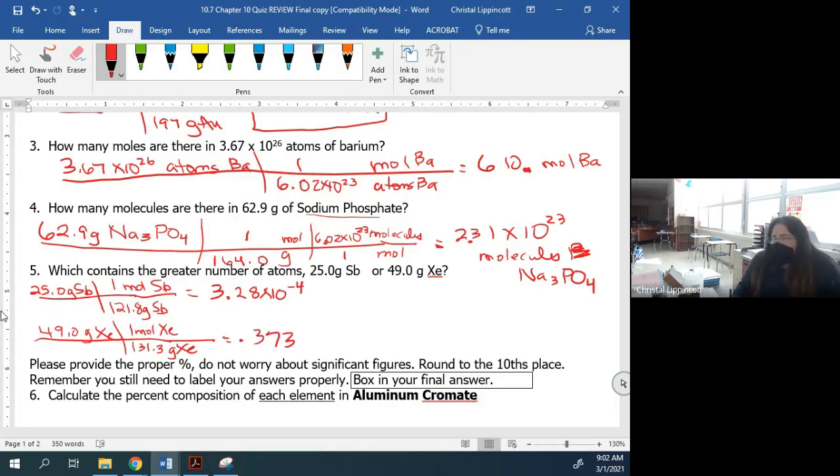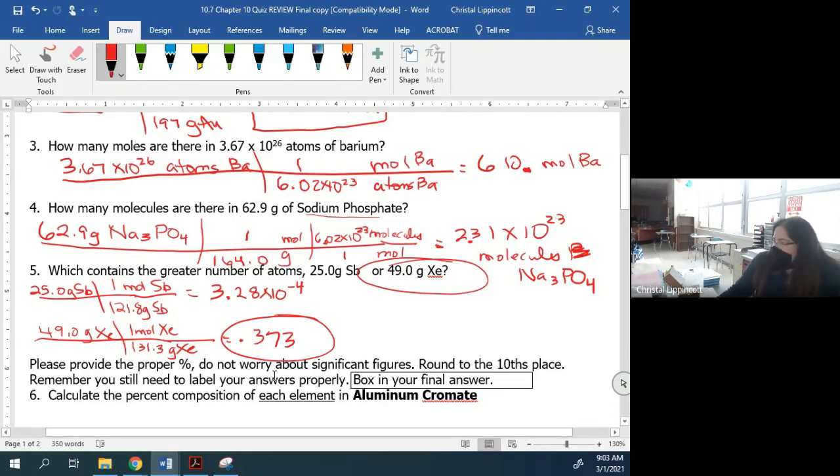So by doing this, I could go and multiply it times 10 to the 23rd and get this in atoms, but I just saved myself a little bit of time. Okay, and we can see here that xenon is the right answer.